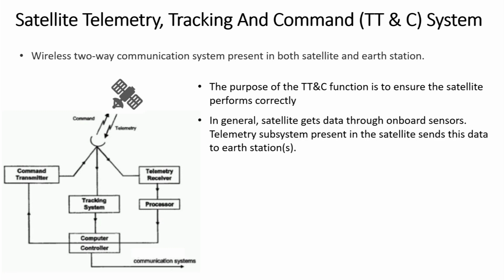In general, the satellite gets the data of its positions, the temperature of various subsystems, and the power output; all this input it gets from various onboard sensors, and the telemetry subsystem present in the satellite sends those data to the earth station.